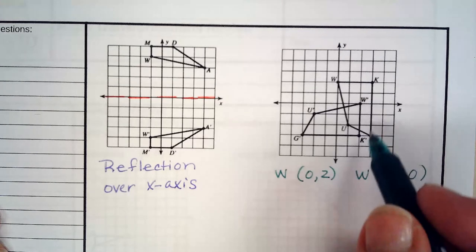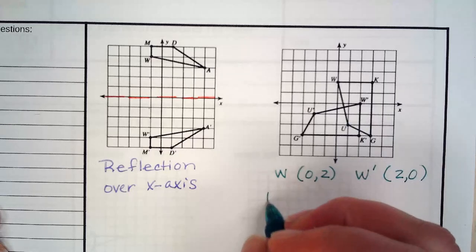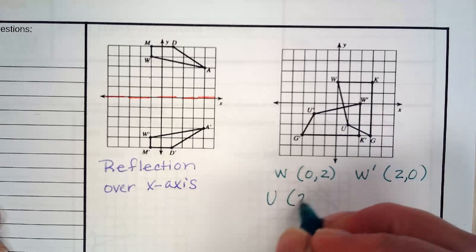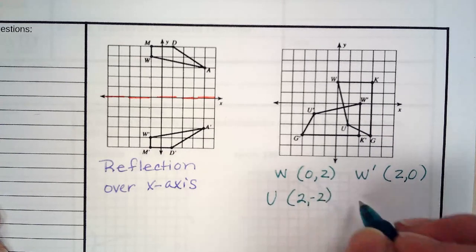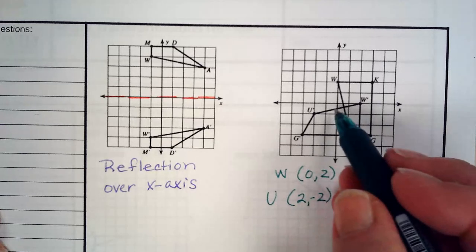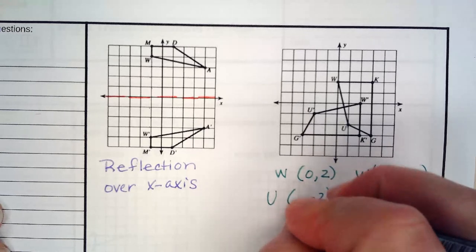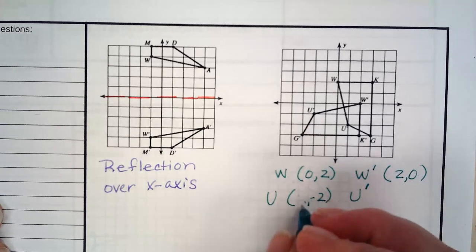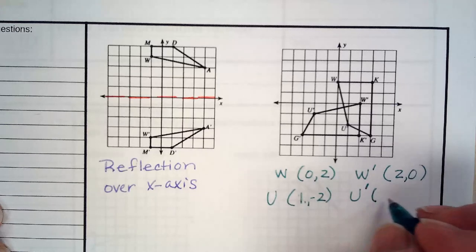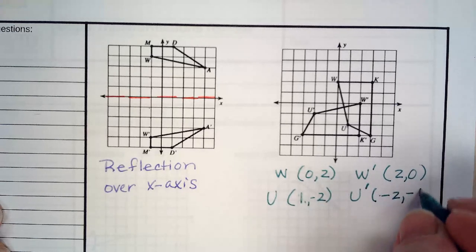What about U? U is (2, -2). U prime is (-2, -1).